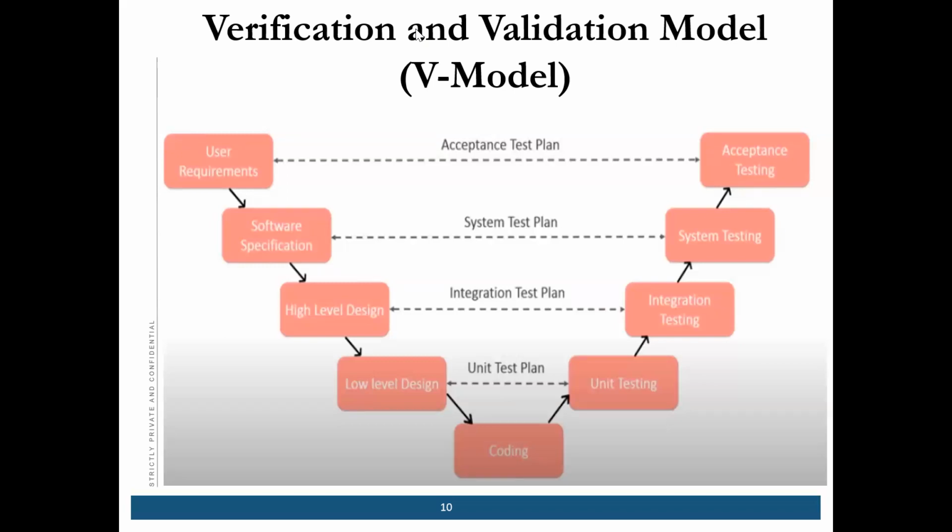And what is expected is what was given by the client in the documents. You have to check whether the expected matches your actual. If it is not matching, you will raise a defect, right?